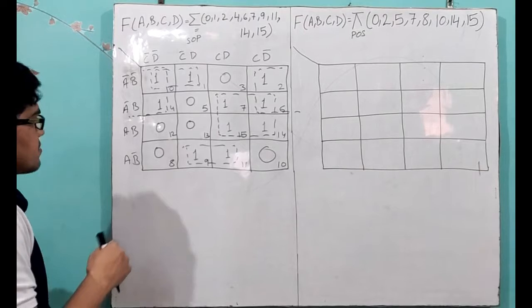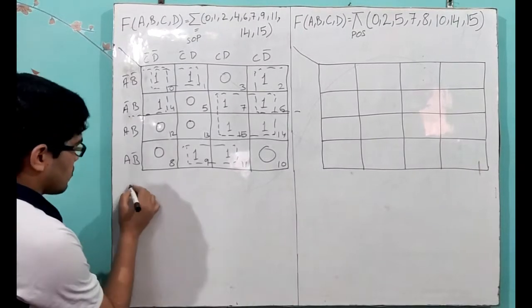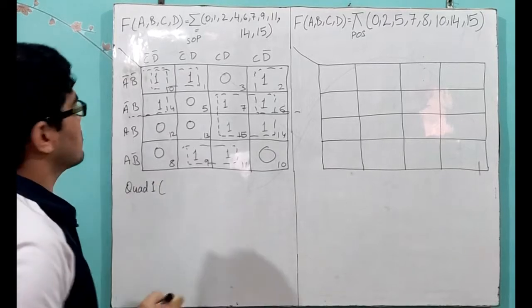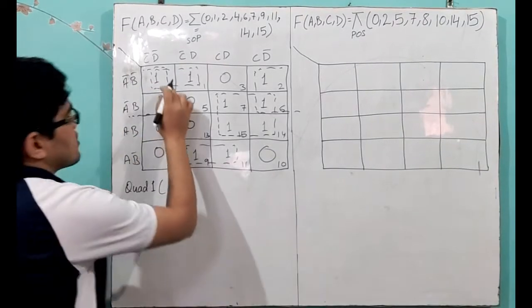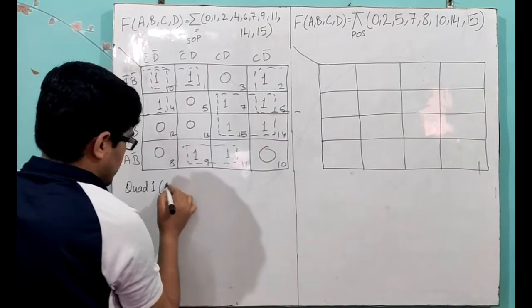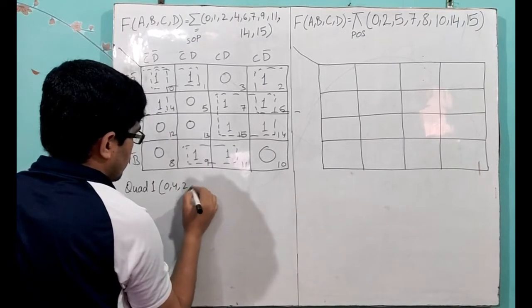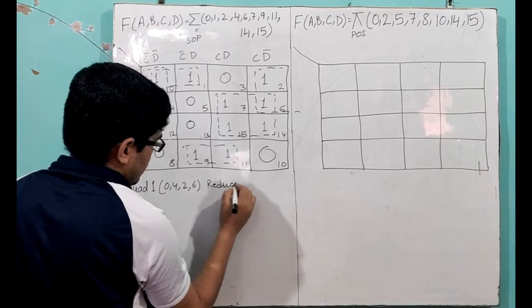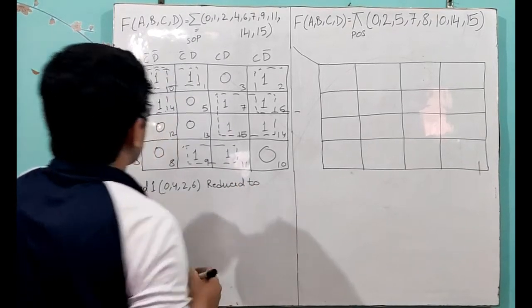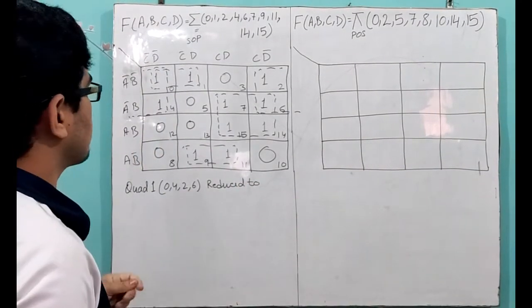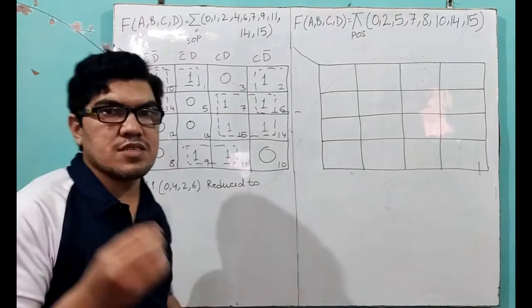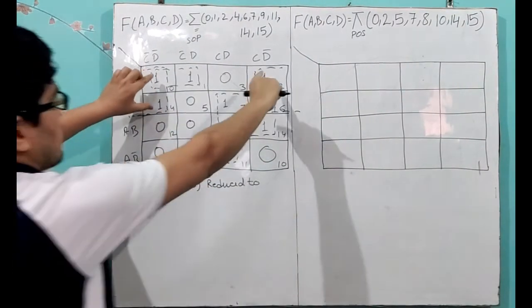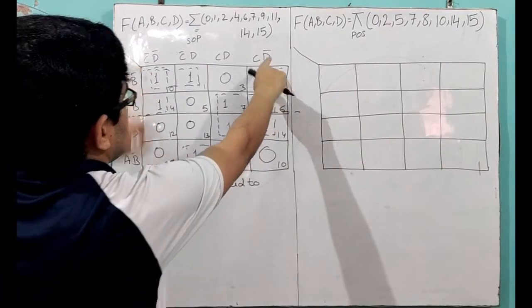Now let us solve it. Quad 1: which elements are there? 0, 4, 2 and 6. When we reduce the quad, we will see which elements are not changing.